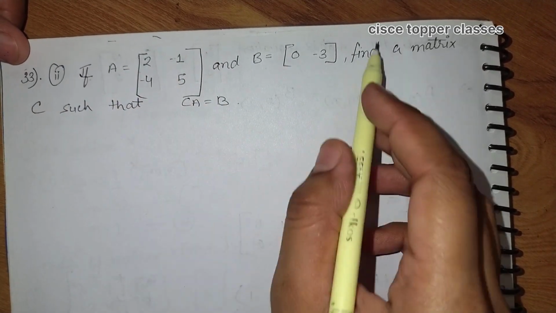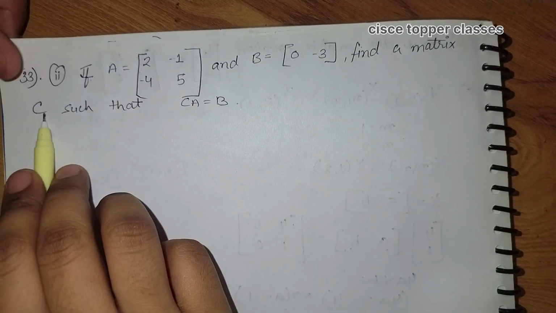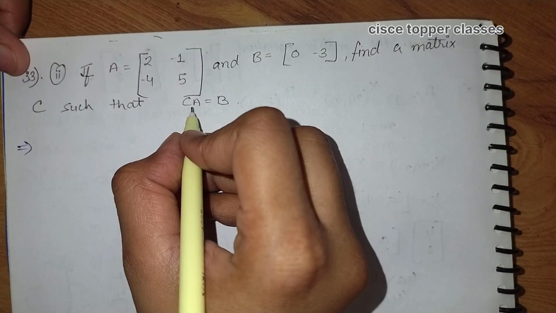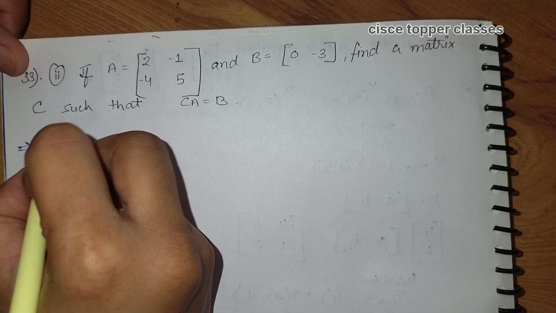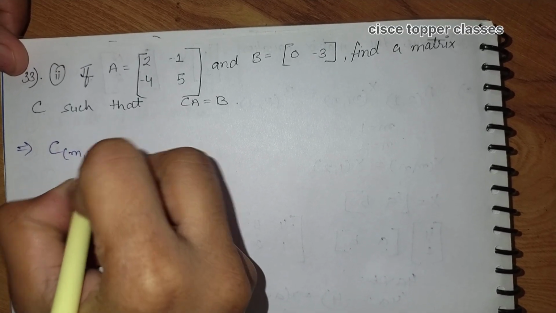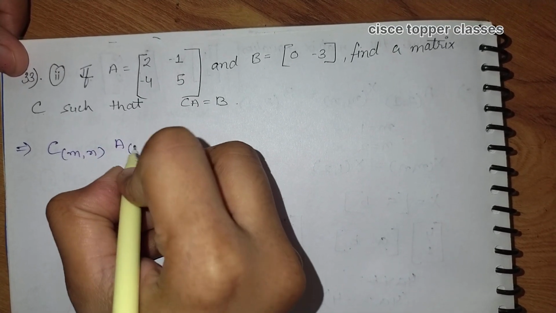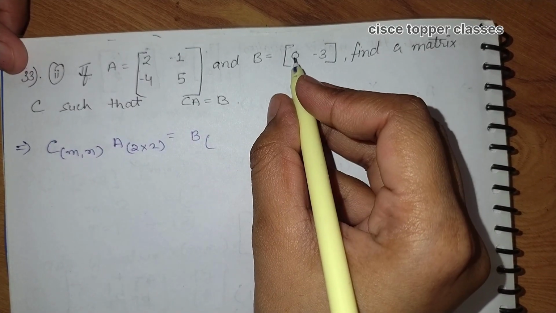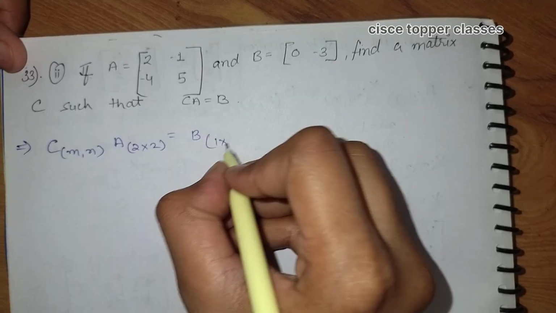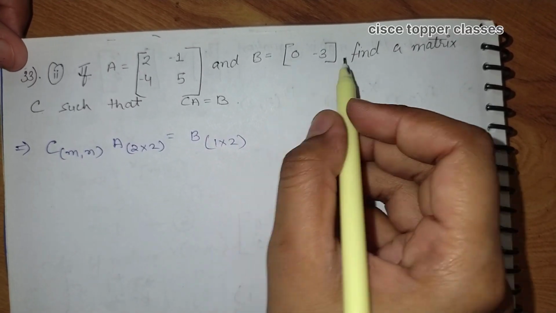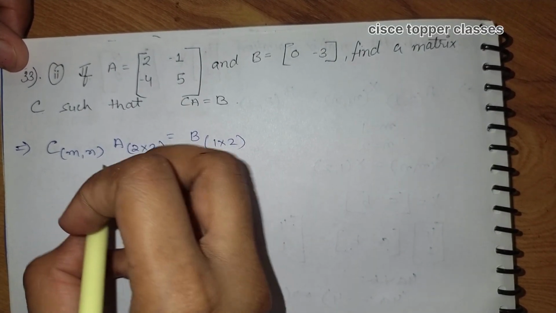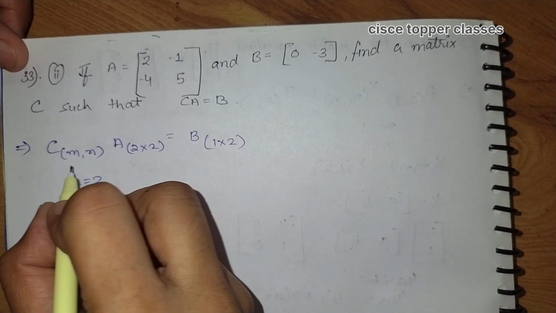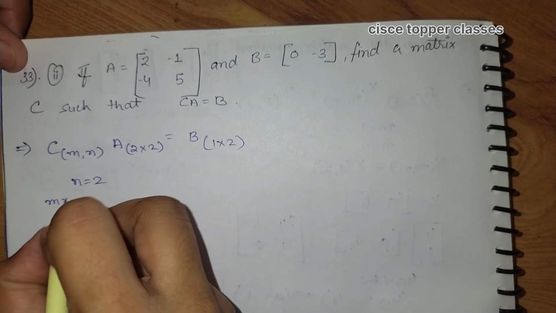If matrix A is this and matrix B is this, find a matrix C such that C into A is equal to B. So if we want to find the value of C, let it be of order m cross n, and A is of order 2 cross 2 and the obtained matrix B is of order 1 cross 2, which means one row and two columns. Simply, n is equal to 2, because the number of columns should be equal to the number of rows, and the order of CA is m cross 2.